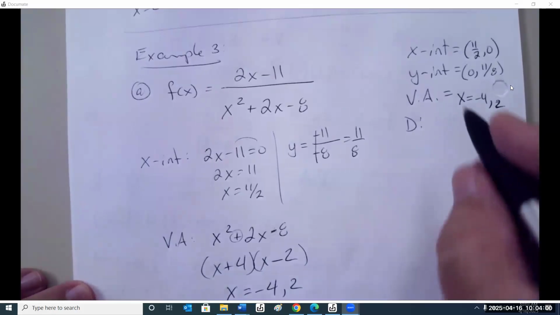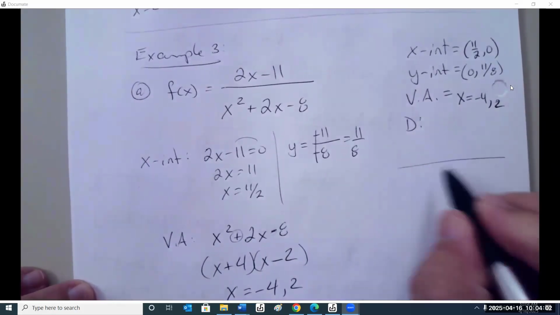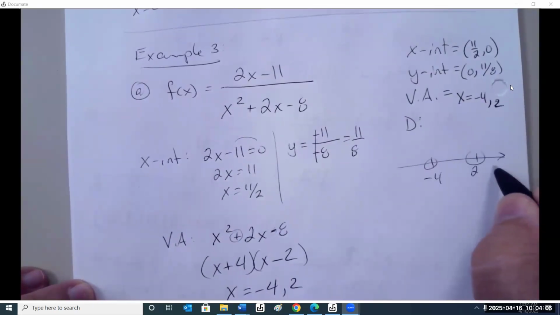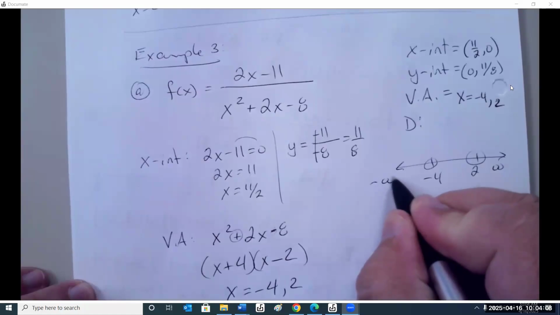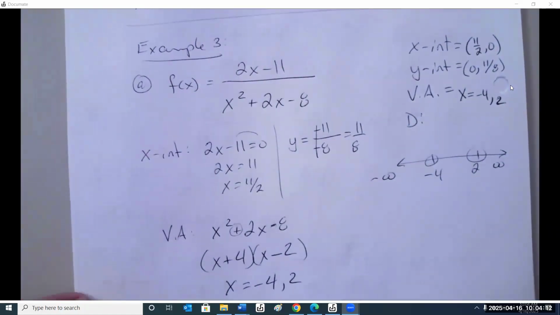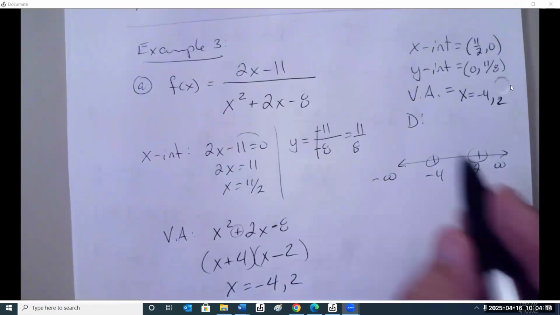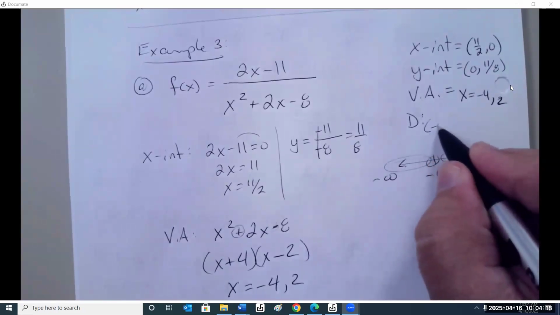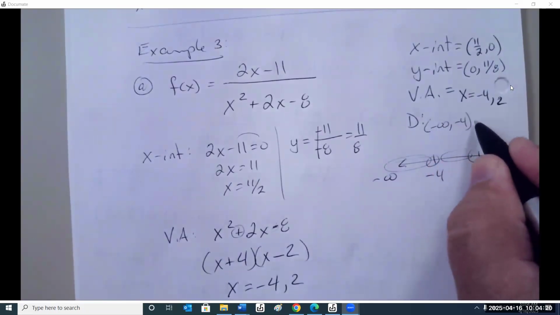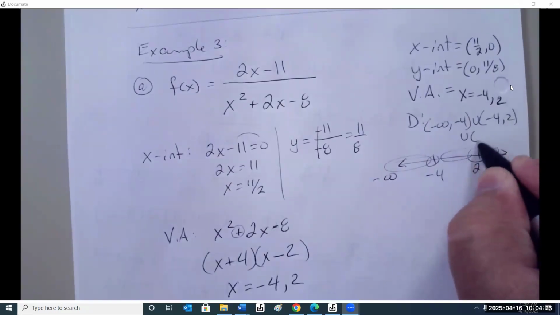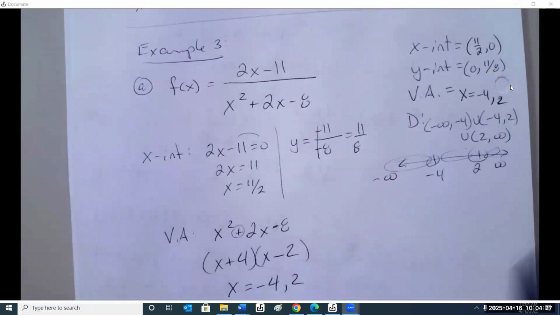-4 and 2. So my domain, since I cannot use -4 and 2, my domain is from -infinity to -4, -4 to 2, and 2 to +infinity.